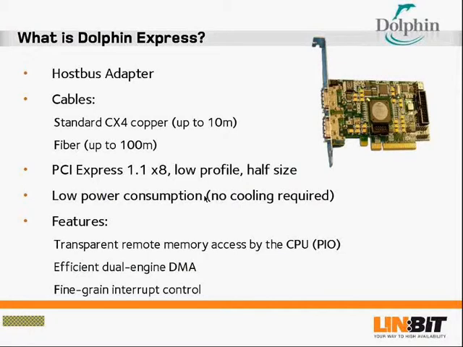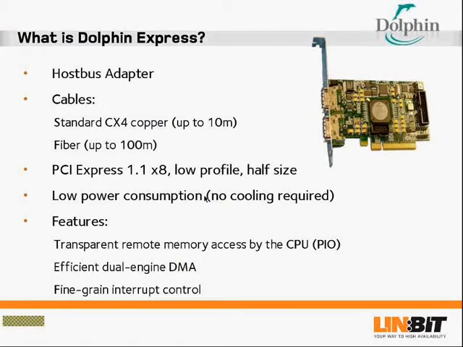You can also use it in an X4 slot if you don't have X8. The performance penalty is not so big on latency, and it's a small little profile card. It fits in really every server that has a PCI Express slot. It has low power consumption, which means you don't have to worry about additional cooling requirements for your server.